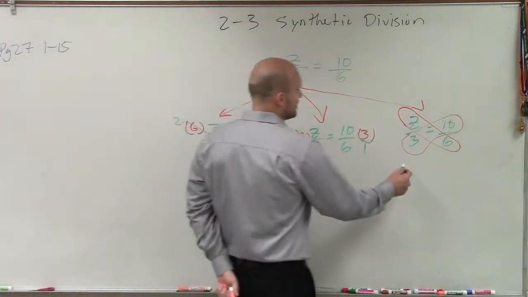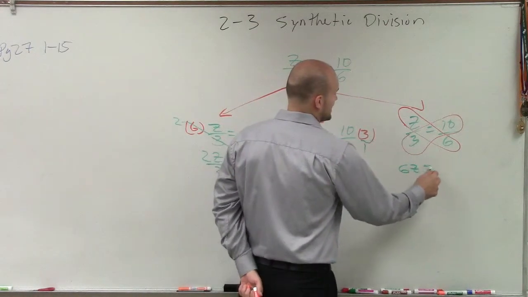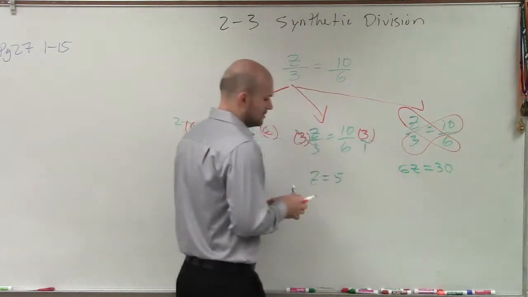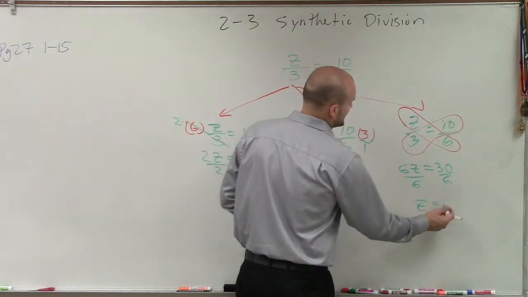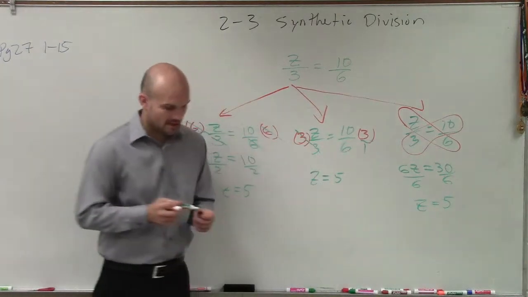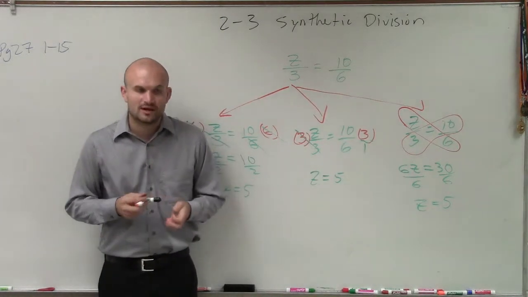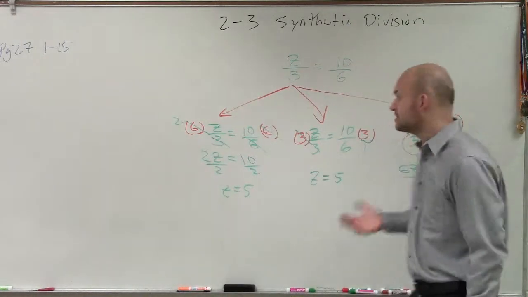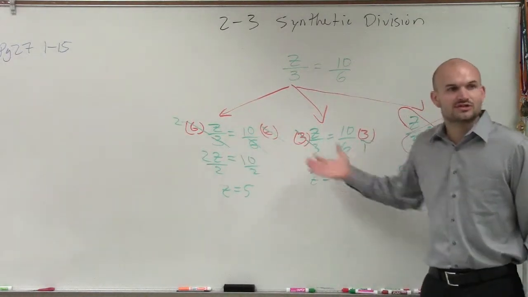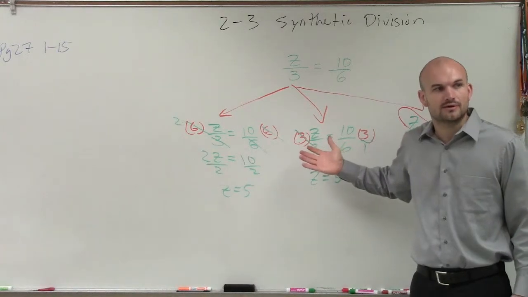By cross multiplying, you have 6z equals 30. Divide by 6, z equals 5. I want you to use cross multiplication, but I want you to understand where it comes from. It's the exact same thing as doing one of these problems either way.